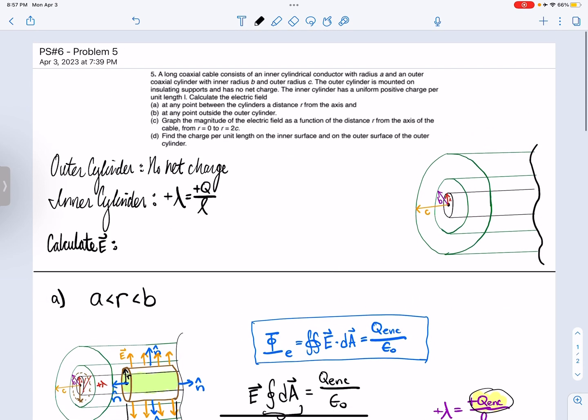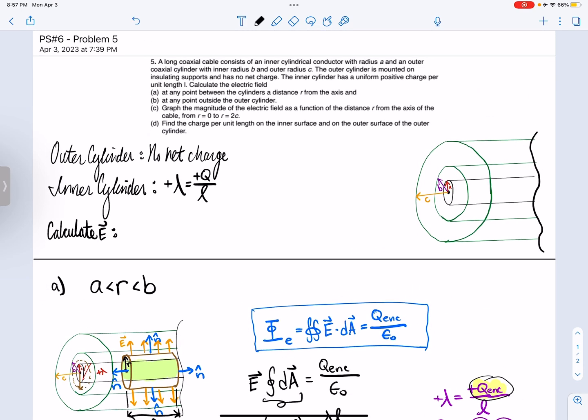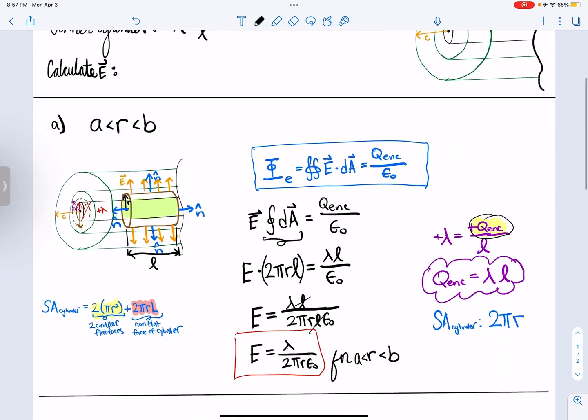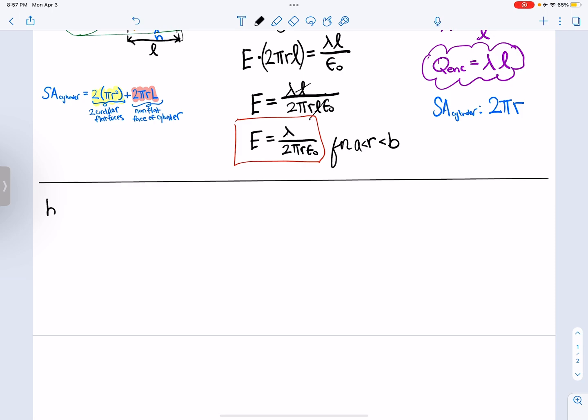part B. Part B, we want to calculate the electric field at any point outside of the outer cylinder. So part B is going to be the electric field at any point outside the outer cylinder.